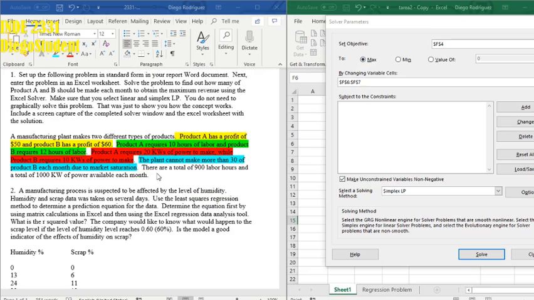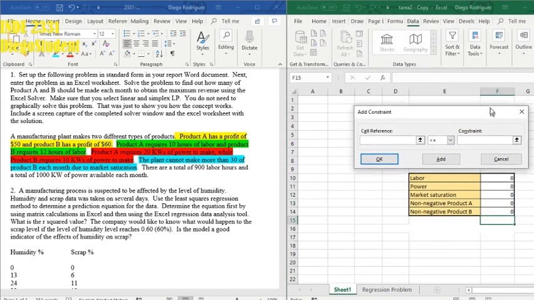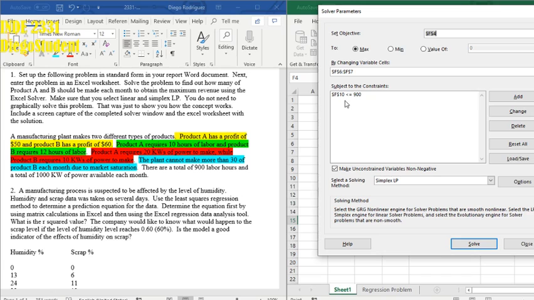Okay, so then it says there are a total of 900 labor hours. So that's a constraint, right? So you're gonna go to add, you're gonna put labor less or equal to 900. Okay, and we already have the first constraint.